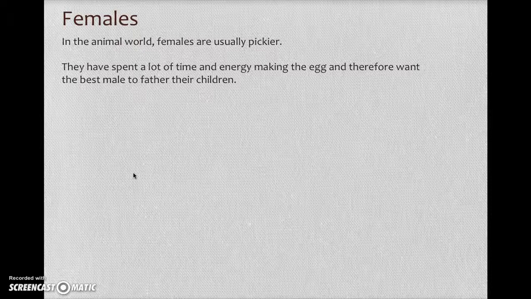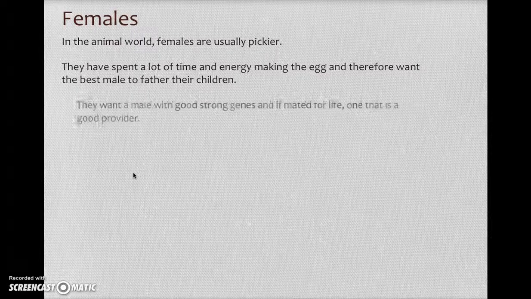And what they want to make sure of is that they get the best father for their children. So they're expending the energy making the eggs, and then after that, having the child develop within them. They want to make sure that the father of the child has the best genes possible.